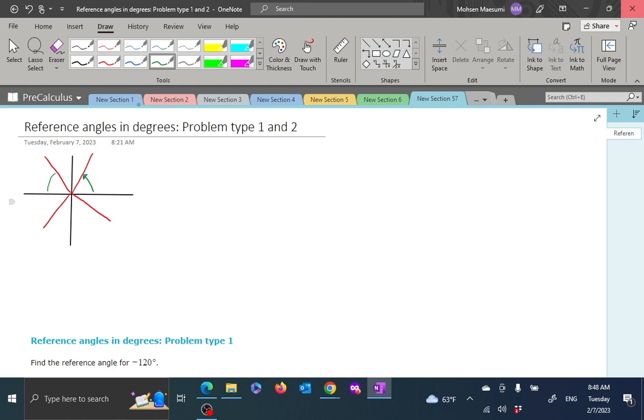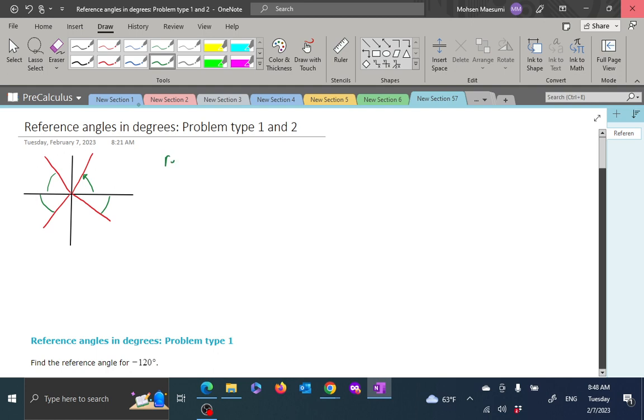Again, the reference angle is an acute angle. It's between the terminal side and the horizontal line. If your terminal side is in the third quadrant, then this is the reference angle. And if you're in the fourth quadrant, then this is the reference angle.